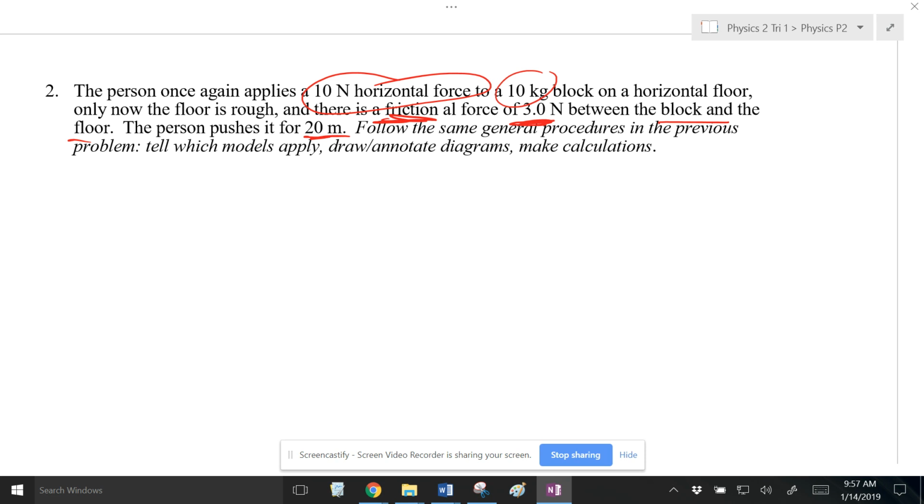So you're intending force that you're pushing, you're going to have to bring friction both ways.